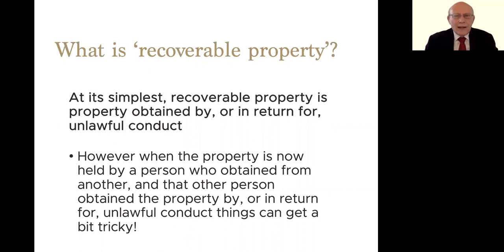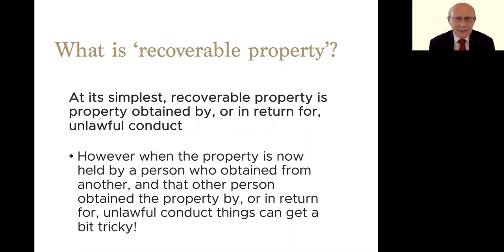However, when the property is now held by a person who obtained it from someone else, and that other person obtained the property by or in return for unlawful conduct, it can get a bit tricky. As I say, we haven't got all day to talk about this. There are circumstances in which a person can obtain property bona fide for value, and it ceases to be recoverable property, even if in the hands of the person he obtained it from, it would have been.